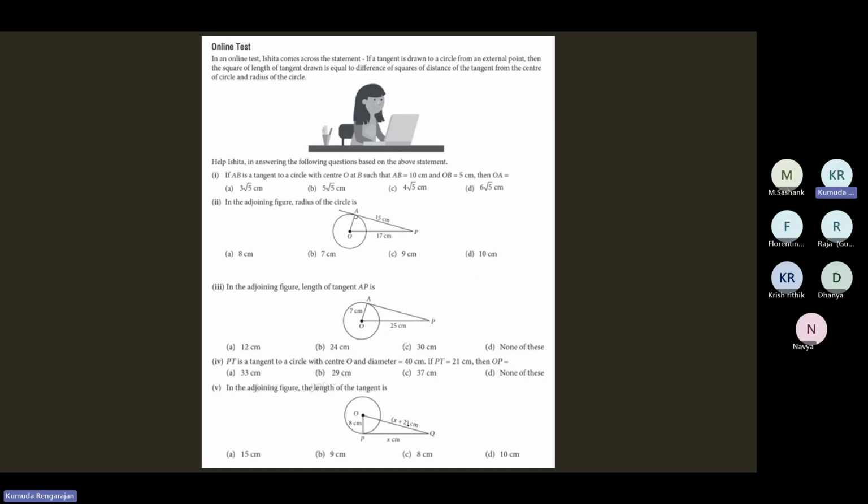Yeah, so here also in the last one use Pythagoras theorem. It's just like this. X plus 2 the whole square is equal to 8 square plus x squared. So x squared plus 4x plus 4 is equal to 64 plus x squared. X squared cancels. So 4x is equal to 60. X is equal to 15. Correct, children?